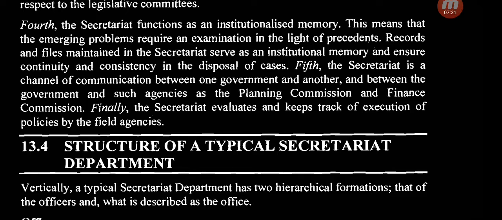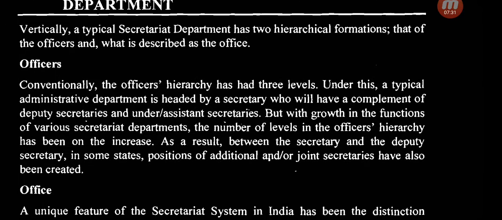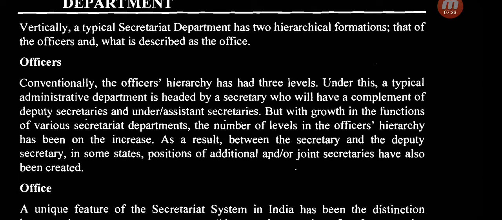Finally, the secretariat evaluates and keeps track of execution of policies by the field agencies. Structure of a typical secretariat department. Virtually, a typical secretariat department has two hierarchical formations, that of the officers and that of the office. Conventionally, the officers' hierarchy had three levels.